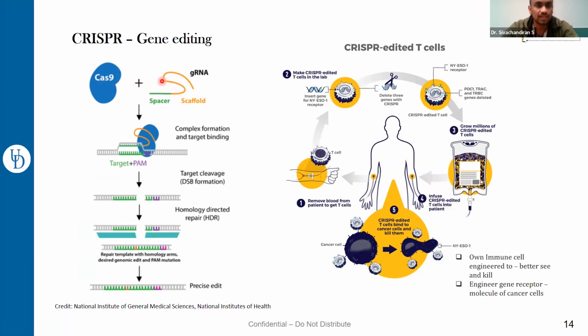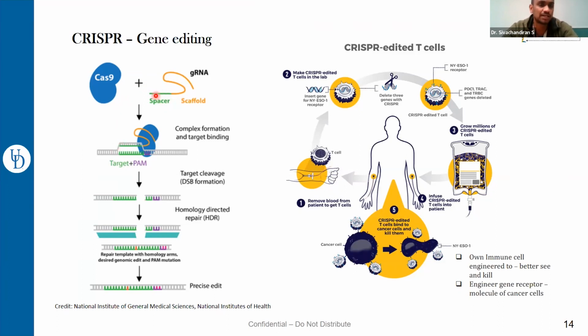What people now try to do with any type of cell is that it comes with a two-part system. One is Cas9, another is the guide RNA with scaffold. This is the spacer RNA. You can change the spacer RNA. The green segment is the spacer RNA. You can change it to any sequence that is complementary to the gene sequence present in your genome.